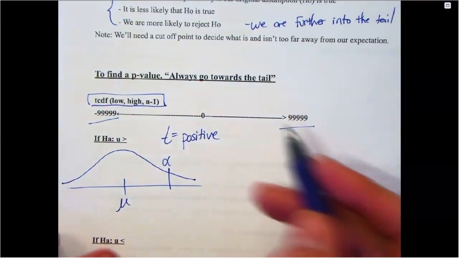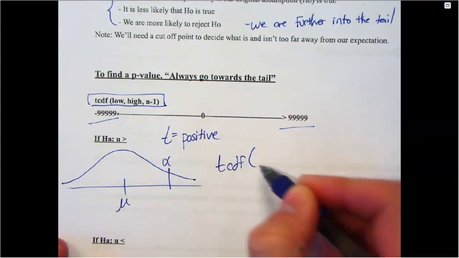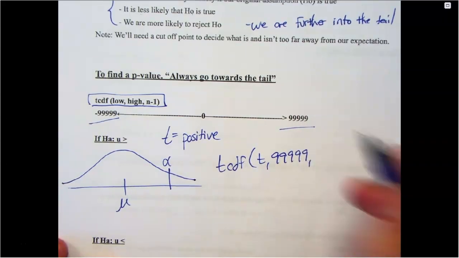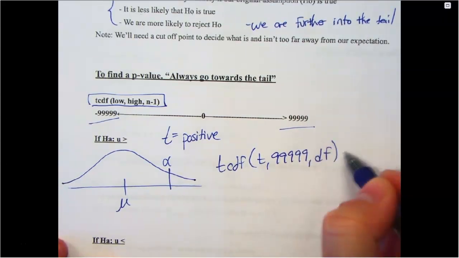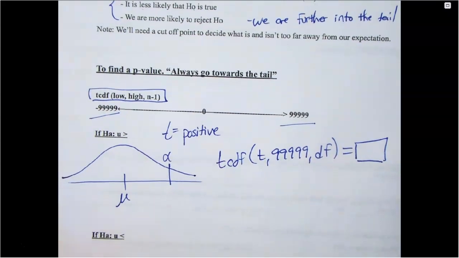And then to find the p-value, you would do tcdf, t comma 99999, comma degrees of freedom. And that would give you your answer.